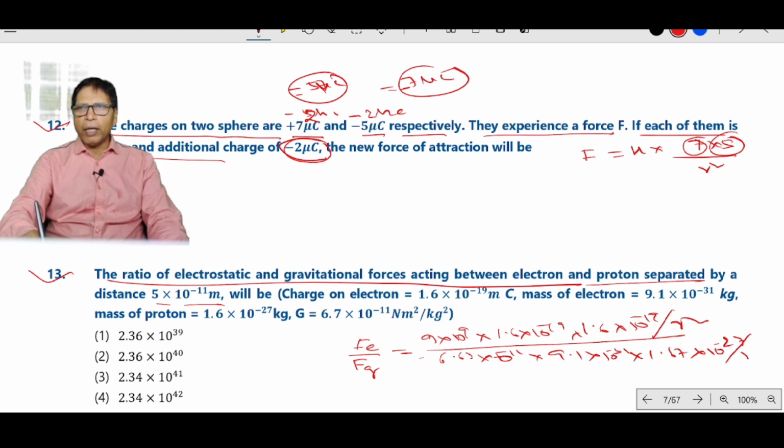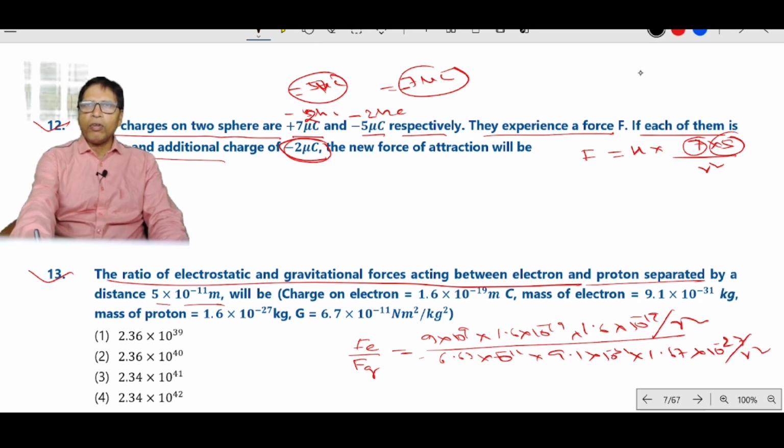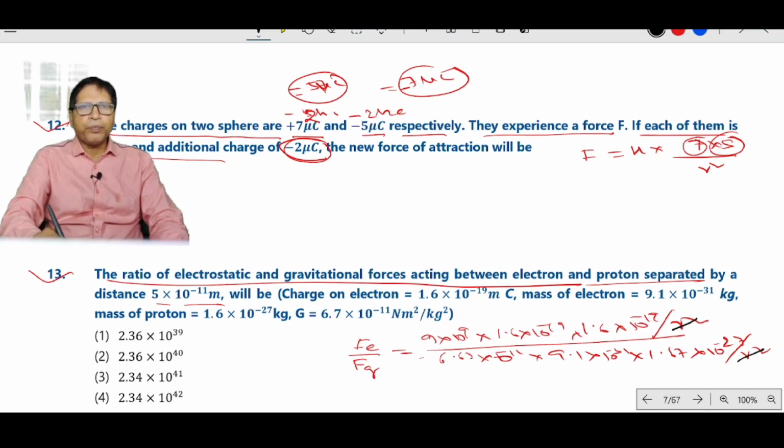Okay, the whole is divided by r square. Now r square and r square cancel out. Look at this: 10 to the power minus 19 times 10 to the power minus 19 is 10 to the power minus 38.